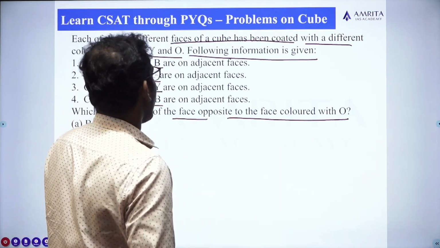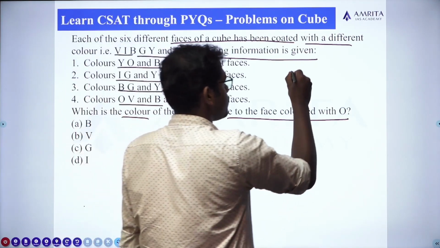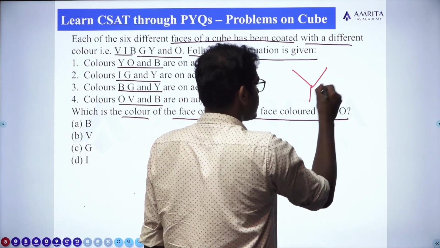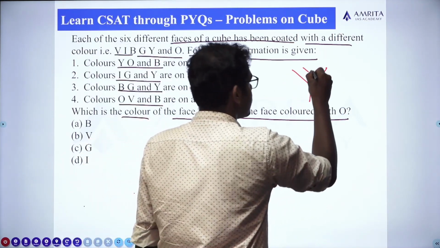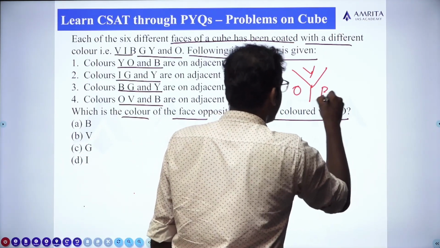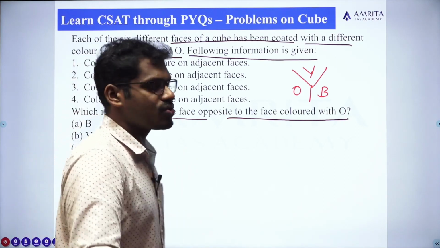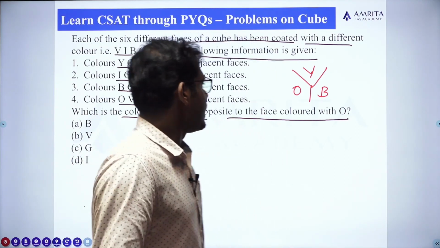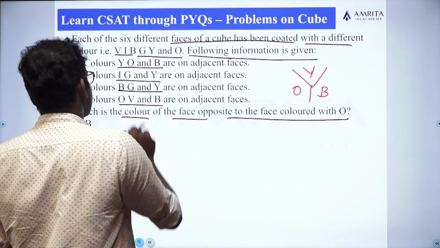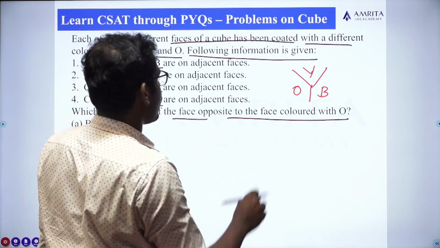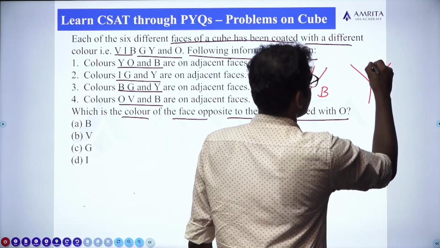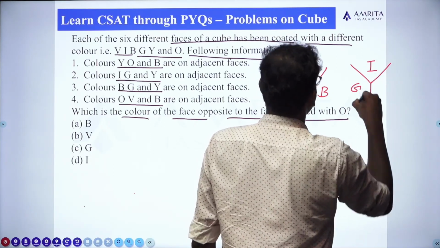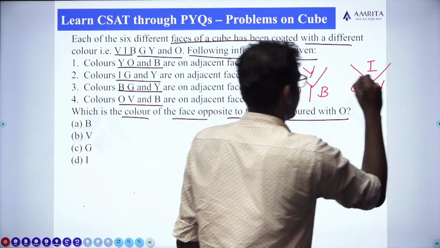In this question, the first statement says colors Y, O and B are on adjacent faces, which means that these 3 faces are adjacent to each other, that is Y, O, B are adjacent to each other. The second statement, that is colors I, G, Y are on adjacent faces, which means I, G and Y are adjacent faces.